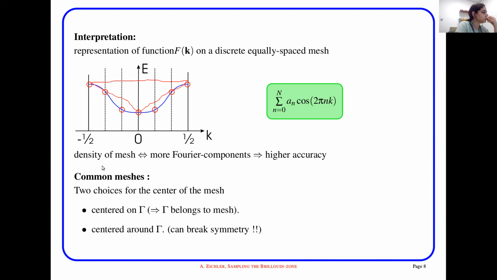That's the reason why I tell you a denser mesh means more Fourier components for doing this summation or integral, so higher accuracy. But it's also logical that the more points you have, the longer your simulation, because you don't calculate just over 8 key points, but over 16 key points, and so on.